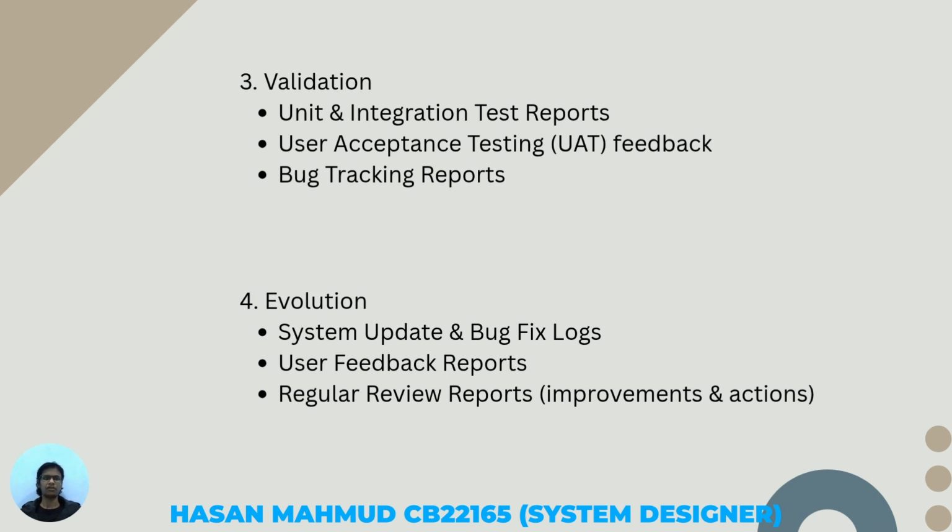The third one we have validation, including unit and integration test reports, user acceptance testing feedback, and bug tracking reports. And the fourth, we have evolution, including system update and bug fix logs, user feedback reports, and also regular review reports, including improvements and actions.